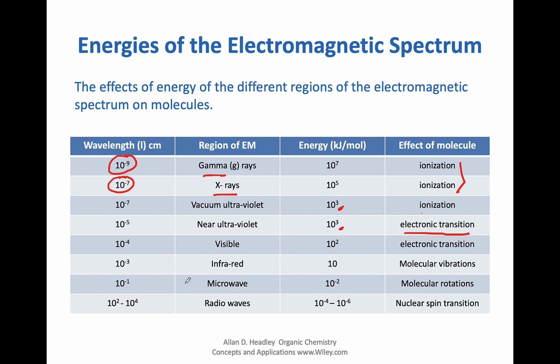The microwave, 10 to the negative 10, much longer, and that's described as the microwave. Notice the energy here is not as much as up in this region. The effect that the microwave energy has on molecules is molecular rotation.